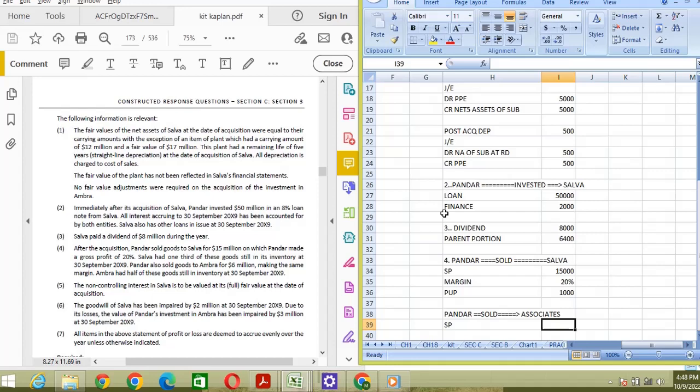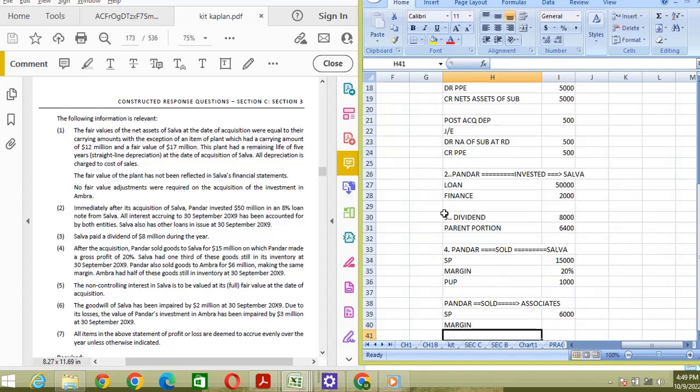So Pandar sold goods to Amra for 6 million, that is 6,000, making the same margin as above, that is 20%. So PUP is equal to what? Is there any good remaining in the inventory? Yes, Amra had half of these goods still in the inventory at 30 September 20X9. So into this we will do 50%.